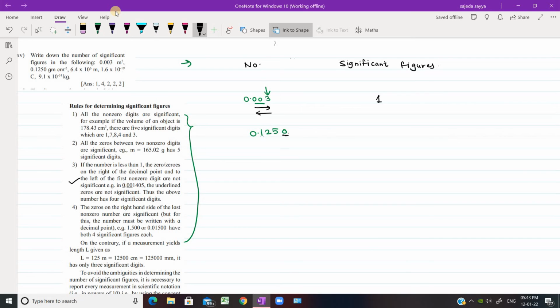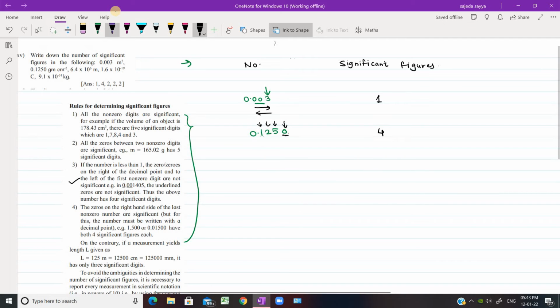The correct measurement can be done. That's why this zero, which comes after the decimal point and after a non-zero digit, is taken as a significant figure. Of course, non-zero numbers are significant. Therefore, the significant figures here are 4.